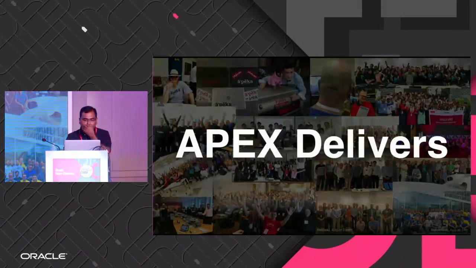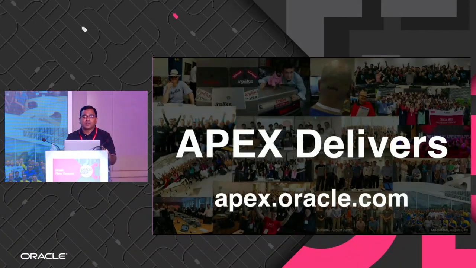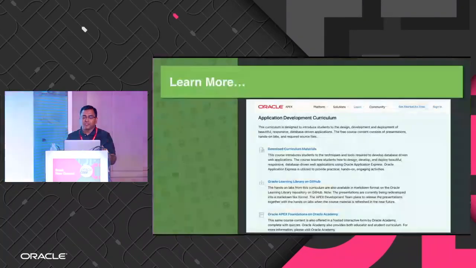What Apex delivers is apex.oracle.com, which is a free evaluation instance for our customers to try out. We also have lots of learning material on apex.oracle.com, which is also a marketing site for us, where you can go under Learn More and download the curriculum materials.